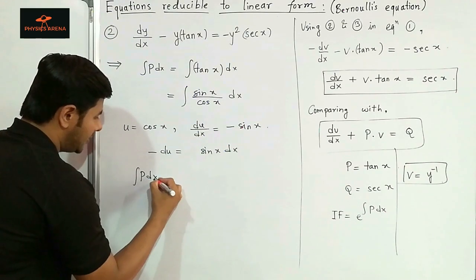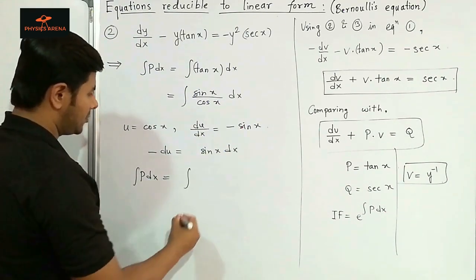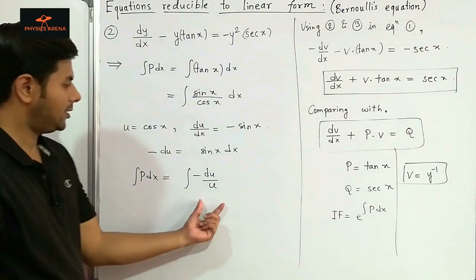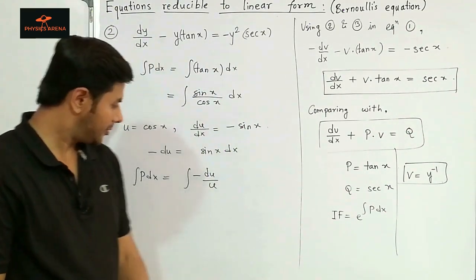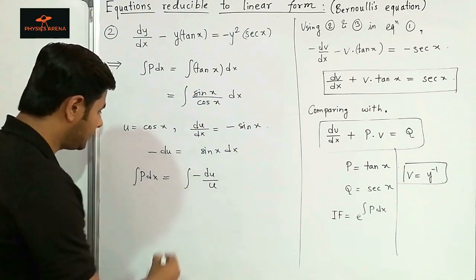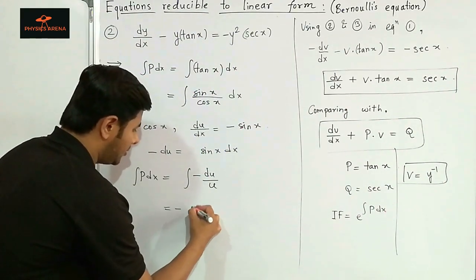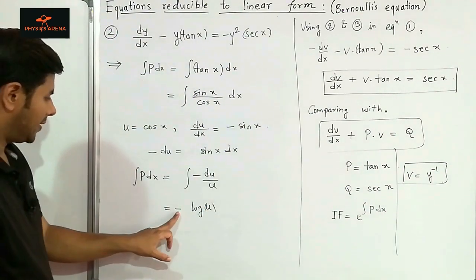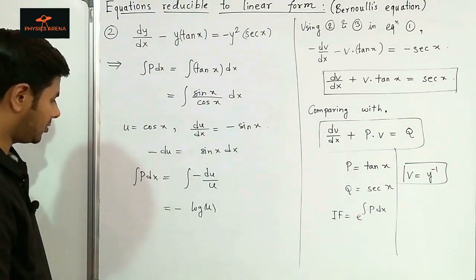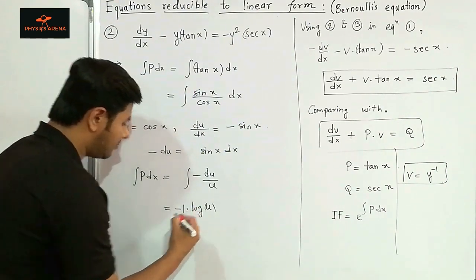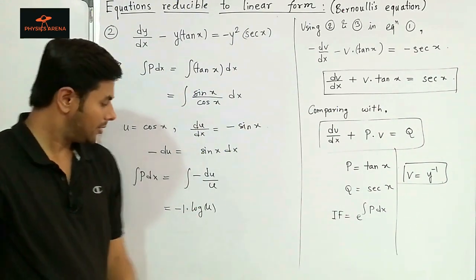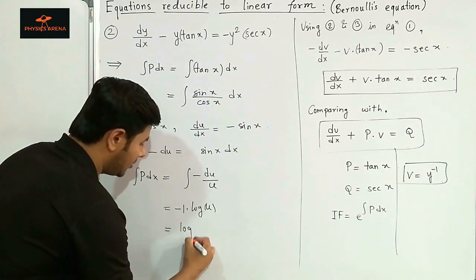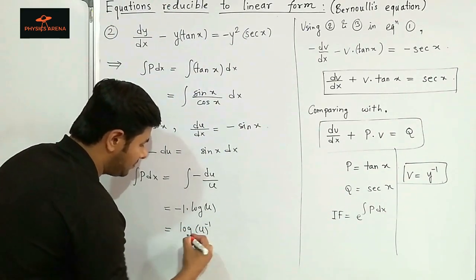Integral of p dx equals to integral of minus du over u, and this is just log of u, okay, with this minus sign. So this is minus of log of u. We can write this as minus 1 multiplied by log of u. So by using rules of logarithm, I can rewrite this as log of u raised to minus 1.